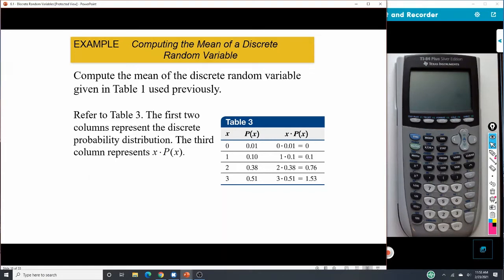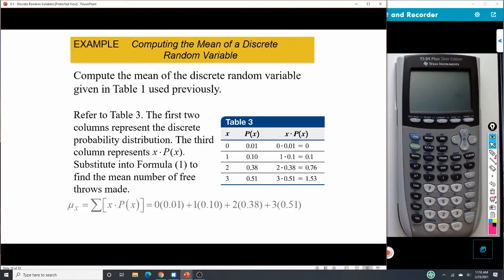If we wanted to do this by hand, we would multiply our x times our p of x, and then add all of those results together to get 2.39 or 2.4, based on whatever we need to round to. Now our calculator will actually do this. This is what we would in the past have called our weighted mean, and so that's what we'll want to look at here.